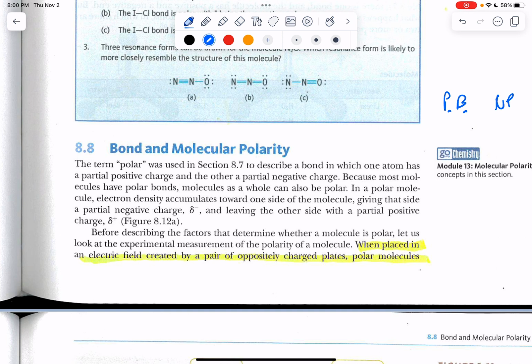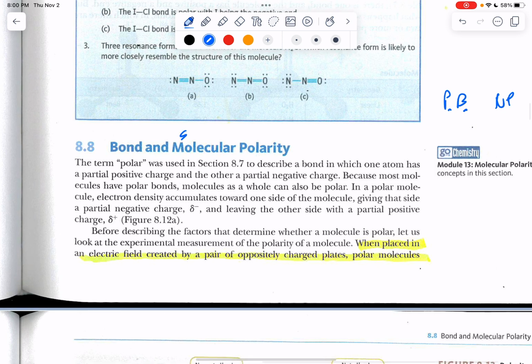So again, when we talk about molecular polarity, we're talking about symmetry. And when we're talking about bond polarity, we're talking about electronegativity. And that's the key concept. I'm going to erase all of that because I don't like my spelling there.